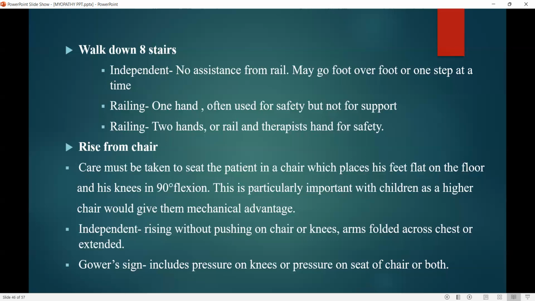Independent: rising without pushing on a chair or a knee, arms folded across the chest or extended. Gowers' sign includes pressure on the knees, or pressure on the seat of the chair, or both.